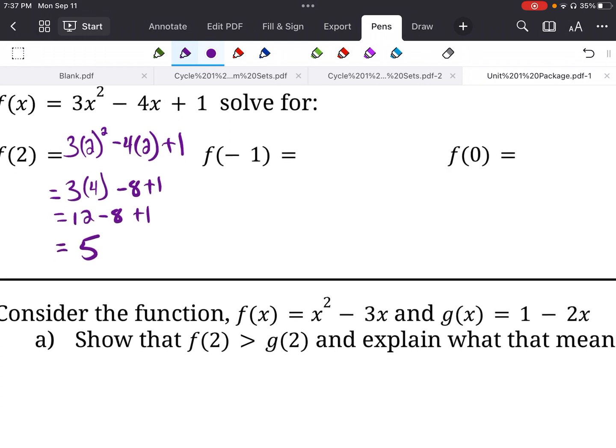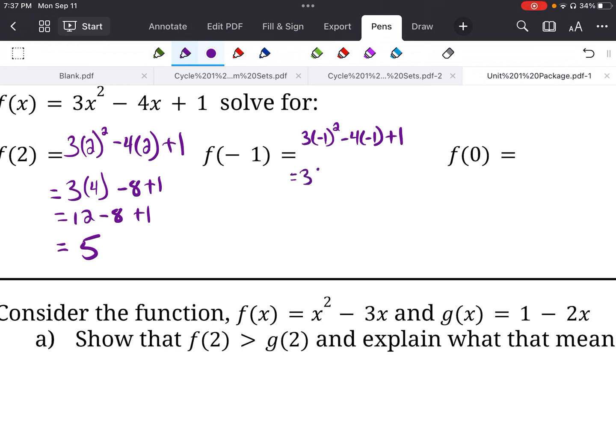Okay, what about when x is negative 1? It's no different here. We're still solving the exact same way, but this time we get an answer of 8.